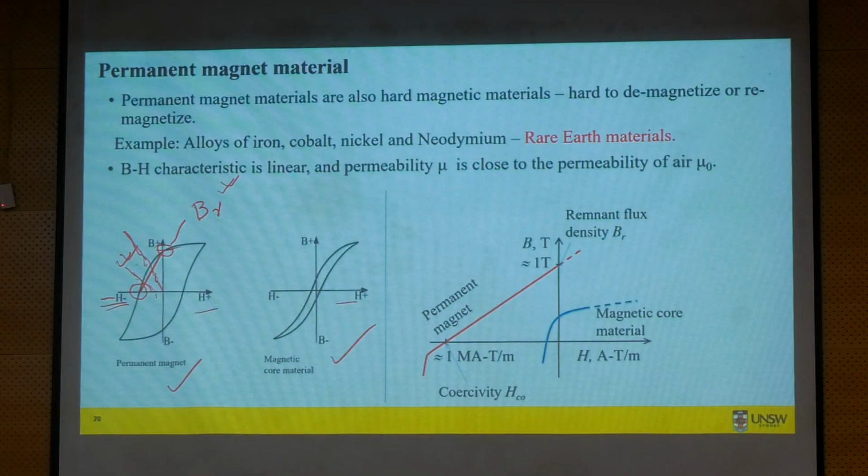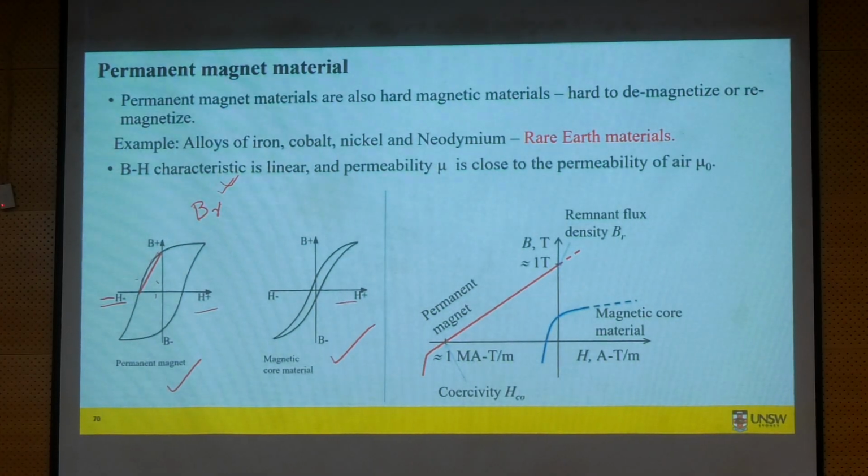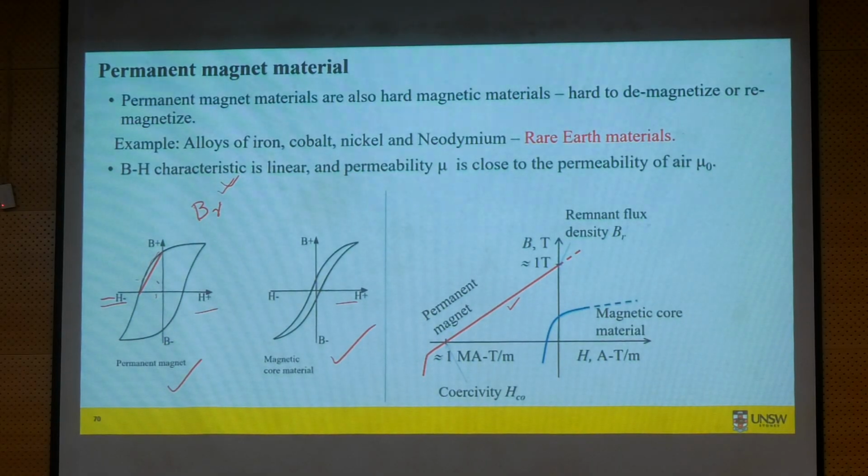We simply concentrate on this second quadrant, and this part can be considered almost linear. When you look at the magnet's property database, you see that they provide the BH characteristic as something like this, a straight line. This straight line actually comes from your BH loop.